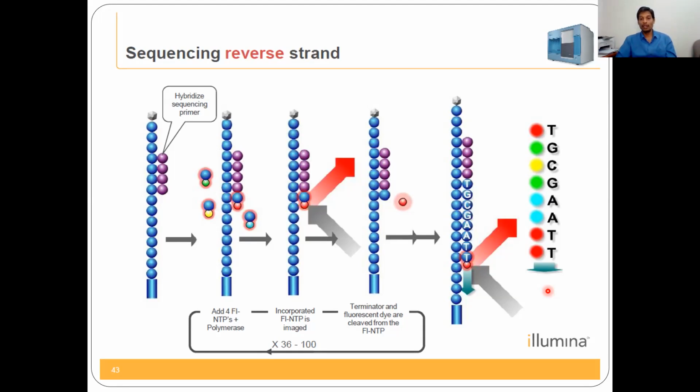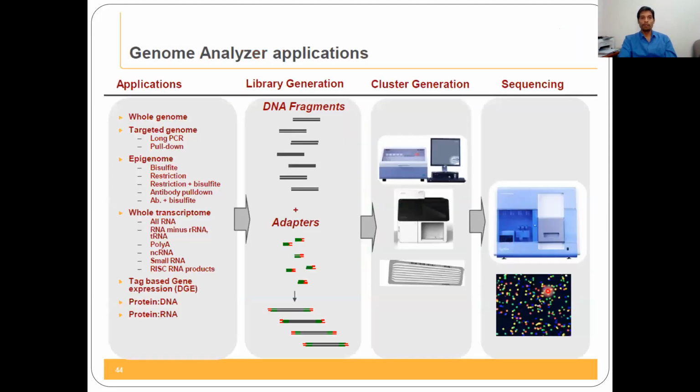Based on that, when you are analyzing, some software will give the confidence percentage of your sequencing results. Those are the advantages of paired end sequencing. With this, the Illumina sequencing methodology is complete.